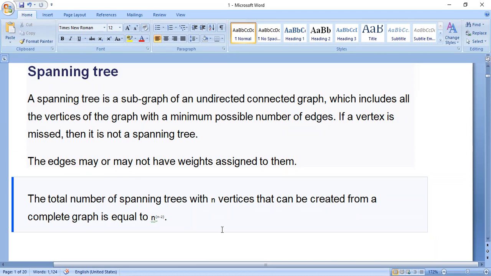The total number of spanning trees with n vertices that can be created from a complete graph is equal to n to the power of n minus 2. So we can create many spanning trees with the given n vertices.